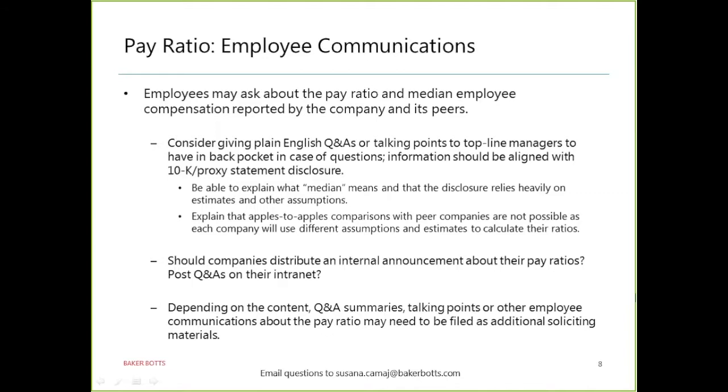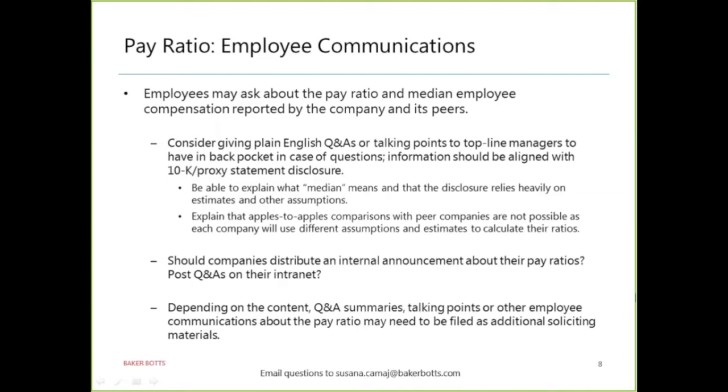A couple of things that may be worth including in these plain English Q&As would be to explain what median compensation means as opposed to average compensation, and to explain that the disclosure relies on estimates and determination dates and other adjustments that vary from company to company.